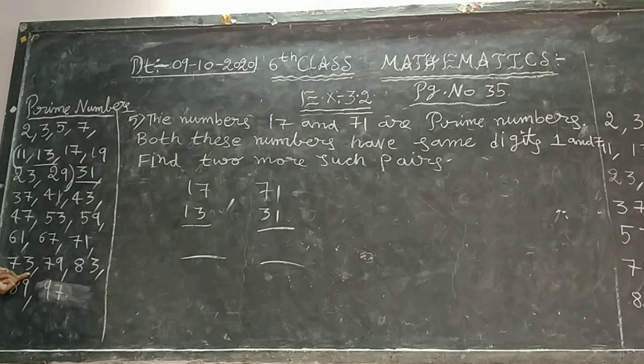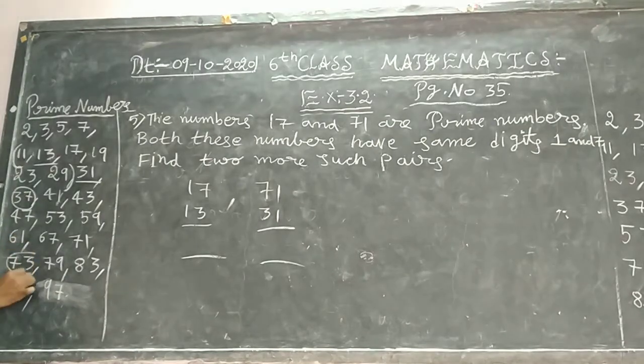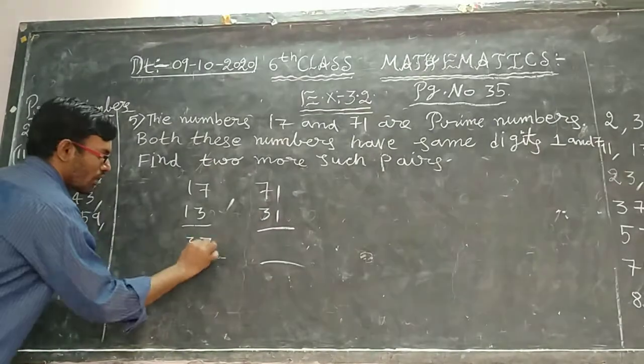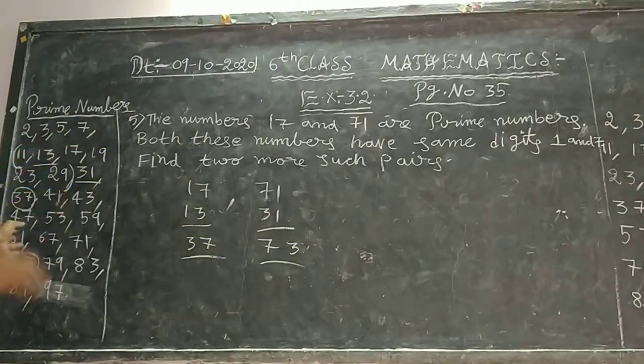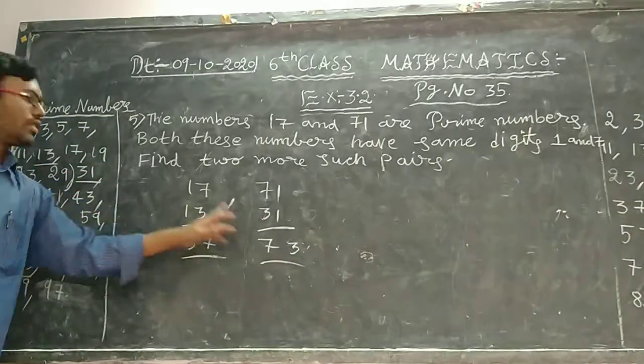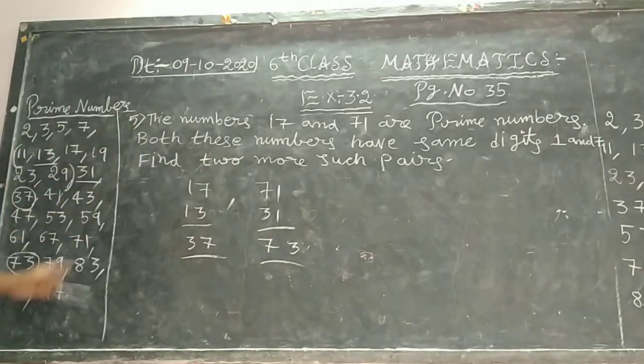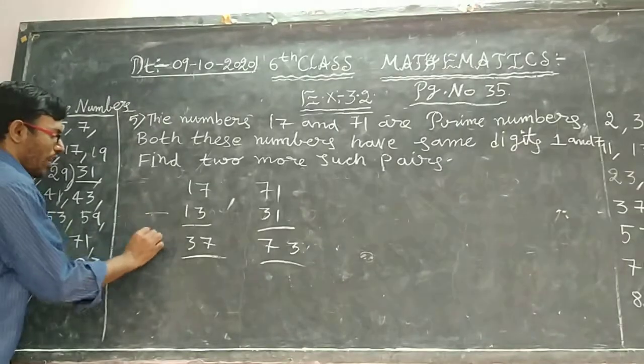Next 37, 73. See children, 37, 73. That means if you reverse the number, the reversed number is also a prime number. So another two pairs we have written.